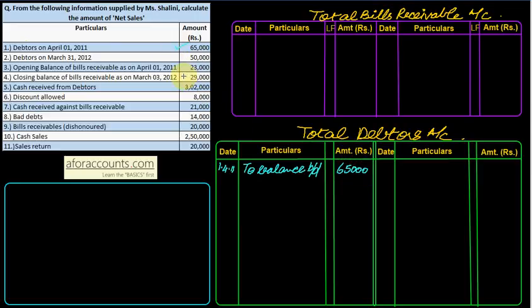Done. Debtors on 31st March 2012, this is your closing debtors. So at the end, 31st 3/12, by balance carried down 50,000. Okay.